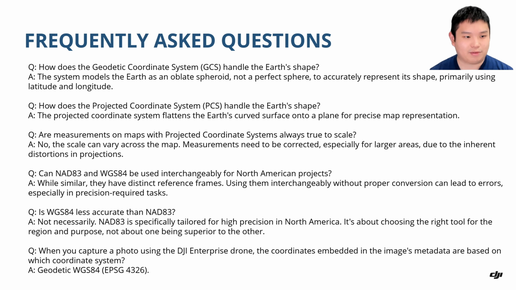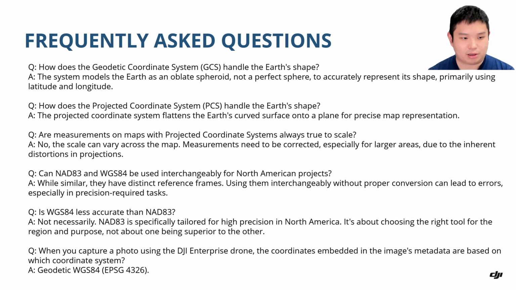The second question is, how does the projected coordinate system, PCS, handle the Earth's shape? The answer is it flattens the Earth's surface and uses Cartesian coordinates x, y, z to locate your target on the Earth.